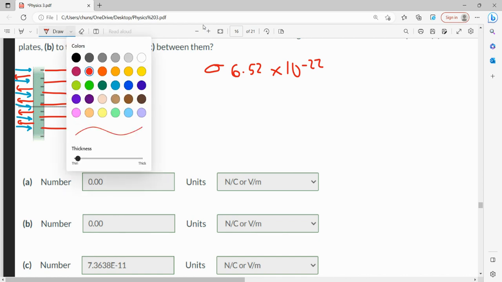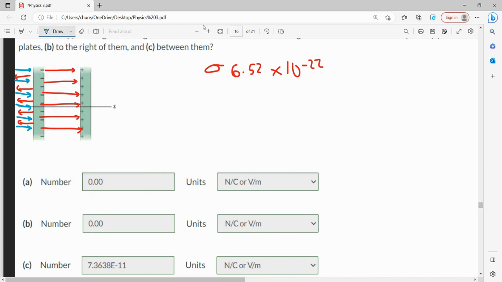Same thing with this side. Positive goes out of it. And that's why it points out that way too.